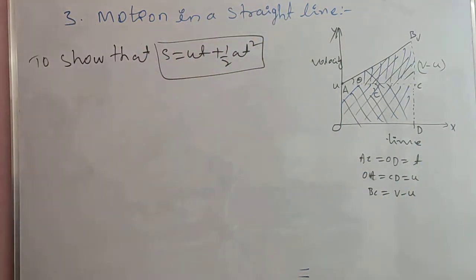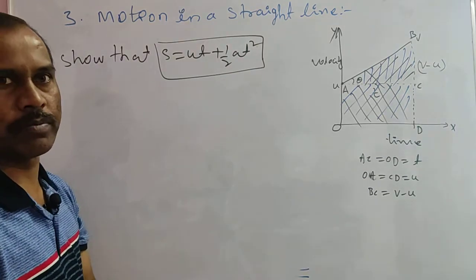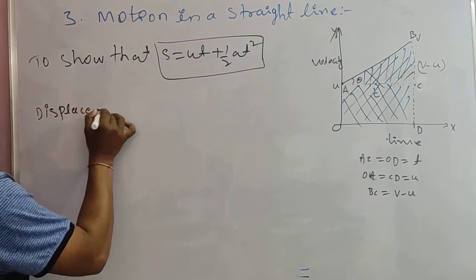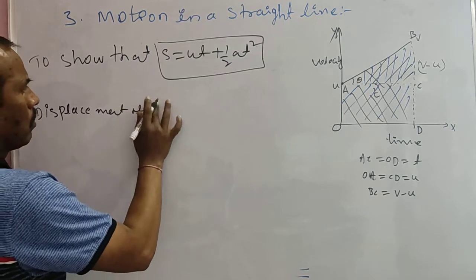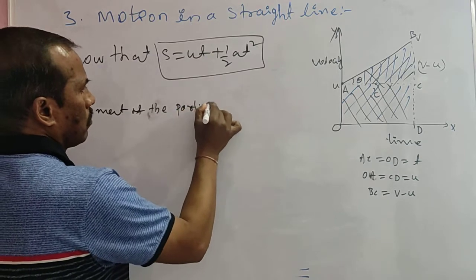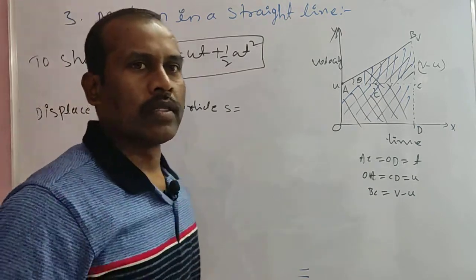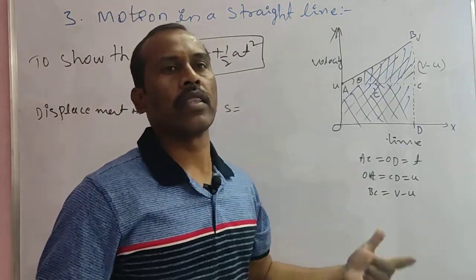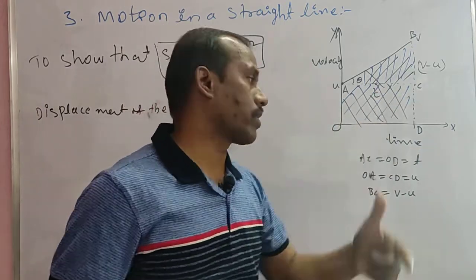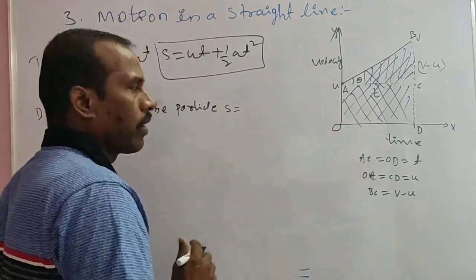So the displacement of the particle S is equal to the area under the AB slope in the velocity time graph along the positive x-axis.